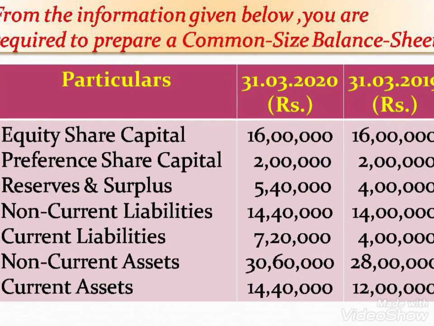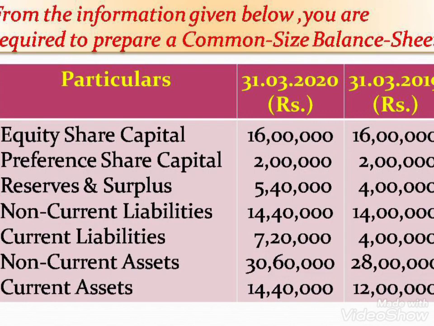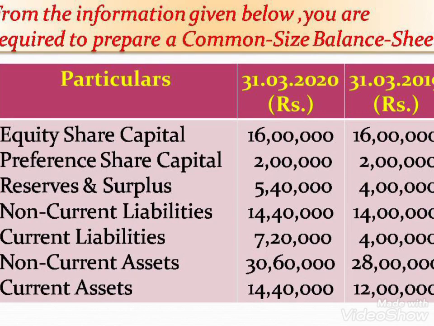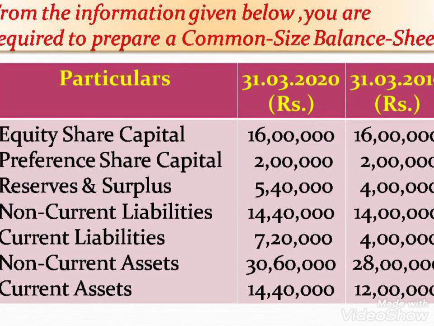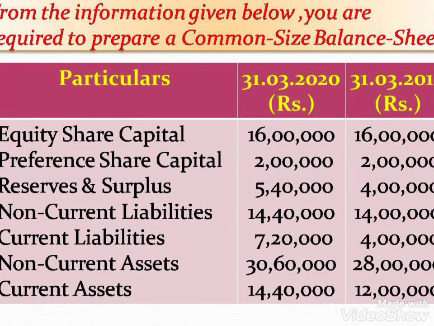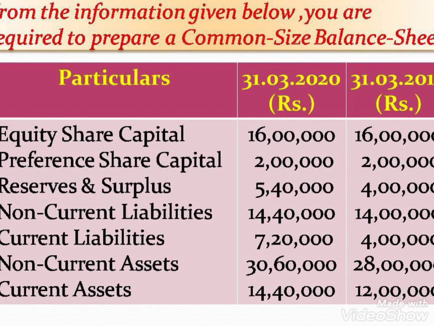Non-current liabilities are given 14 lakh for 2019 and 14 lakh 40,000 for 2020. Current liabilities are 4 lakh and 7 lakh 20,000. Non-current assets are 28 lakh and 30 lakh 60,000, and current assets are given 12 lakh and 14 lakh 40,000. From this information, we are supposed to prepare a common size balance sheet.